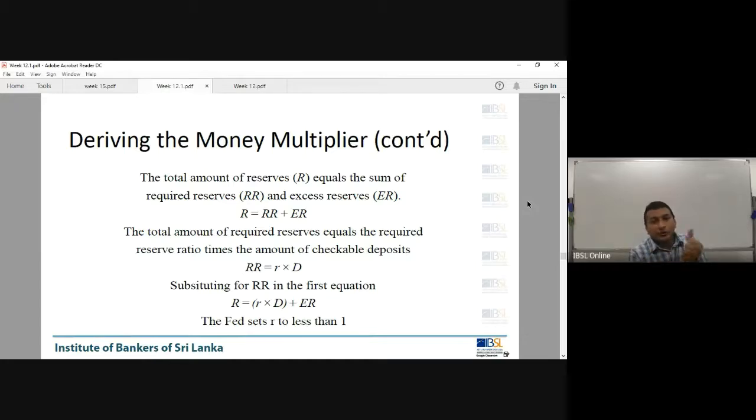Required reserve ratio is small r, the checkable deposits is D. So small r times D is RR, required reserves.